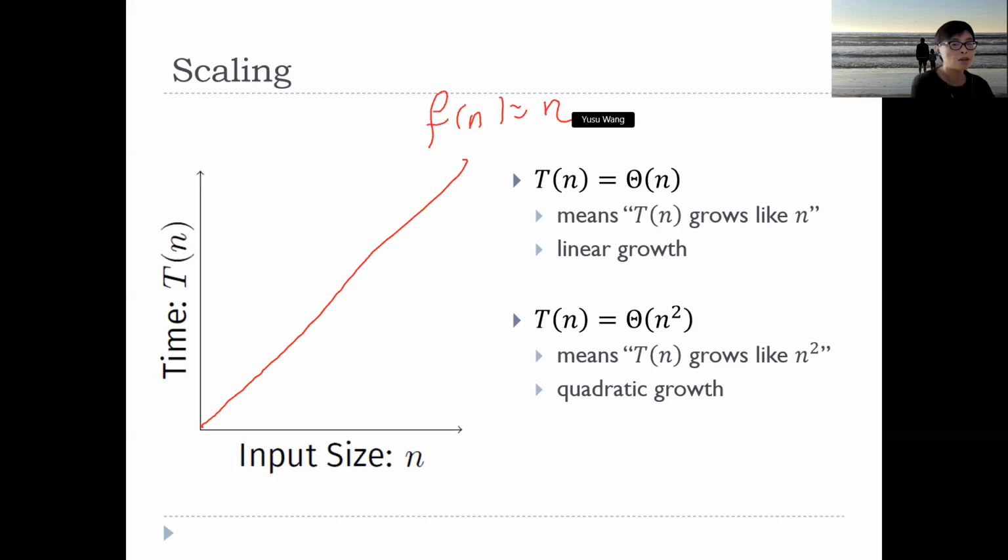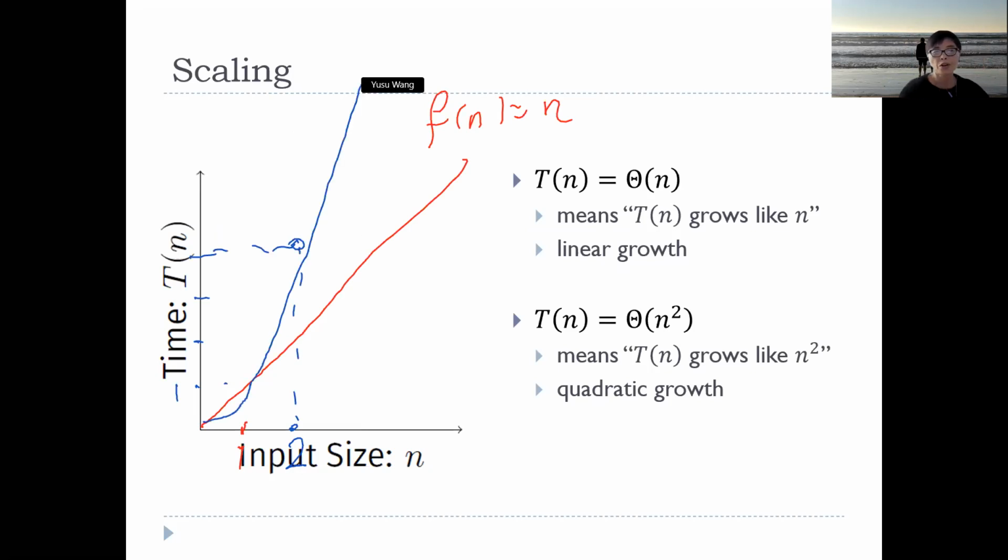While for the quadratic time algorithm, if the value is 1, then the function is 1, but if the value is 2, then we go to 4. So the quadratic time algorithm goes like this, which grows much faster as n becomes larger and larger. As n becomes bigger and bigger, we see that n squared is much bigger than n.